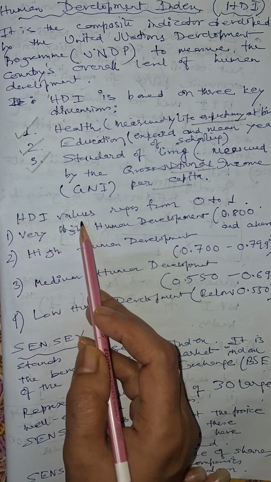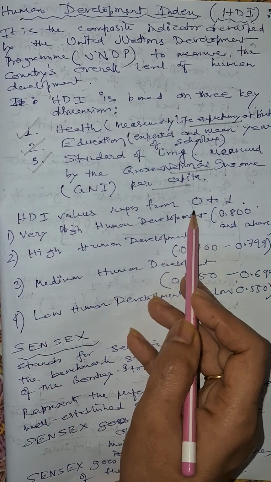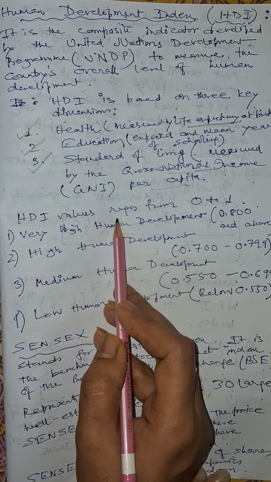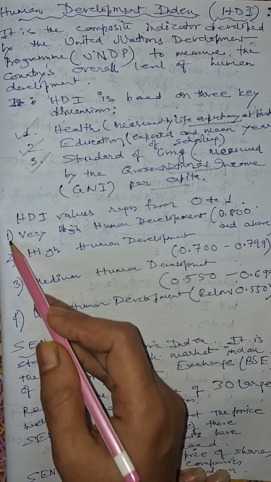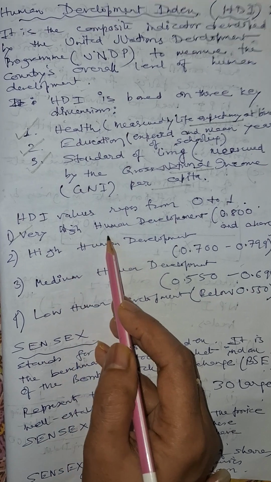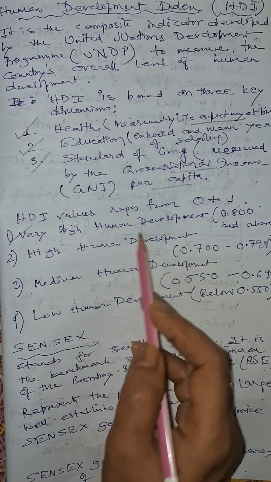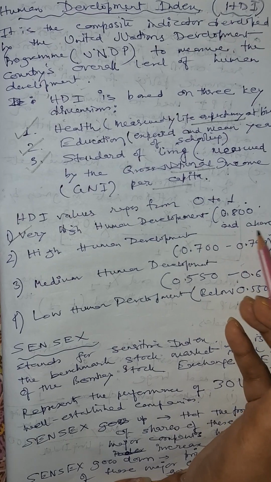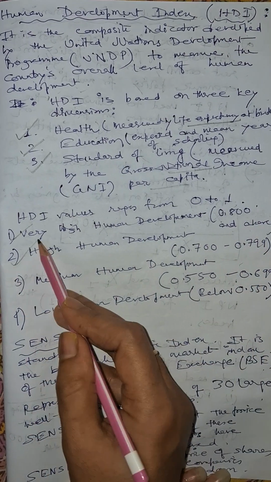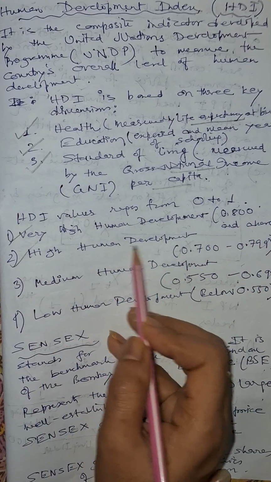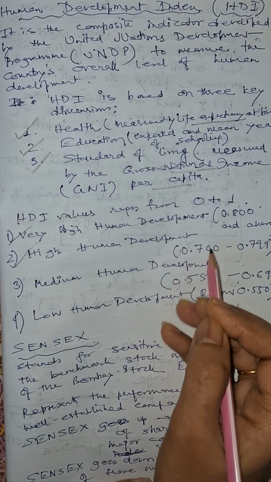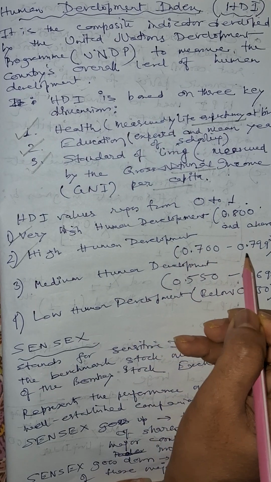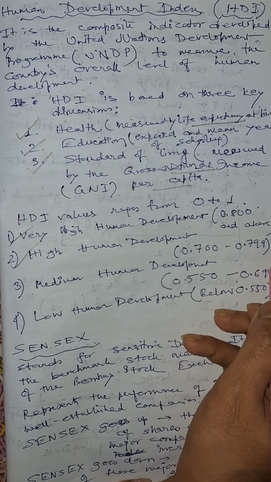Now, HDI values range from 0 to 1. The first one is very high human development, and this range lies at 0.800 and above. The second is high human development, and this range lies between 0.700 and 0.799.